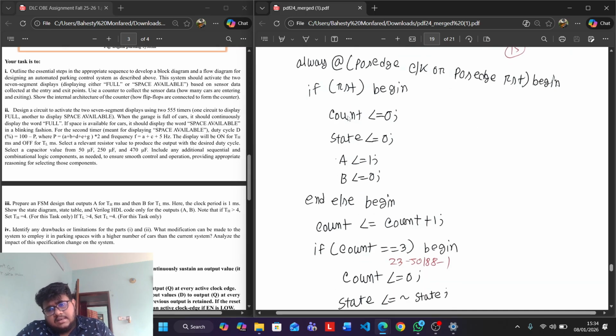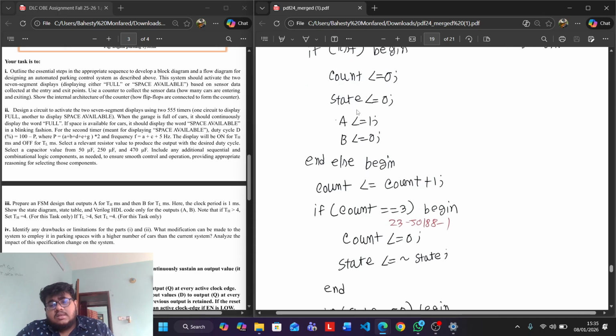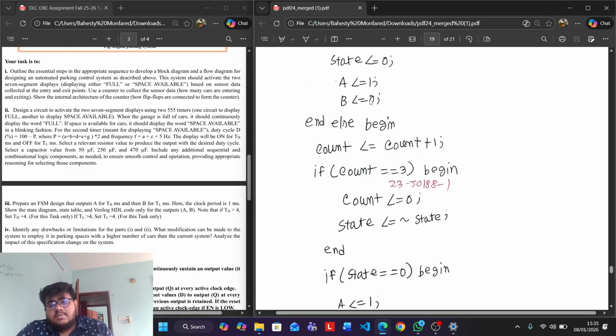If reset, count will be 0, state will be 0, so A will be 1 and B will be 0.